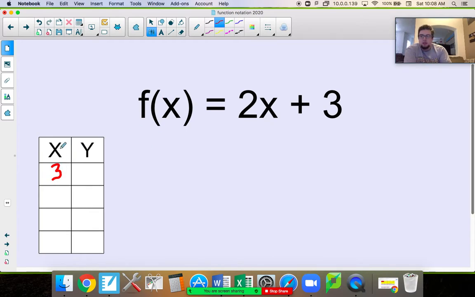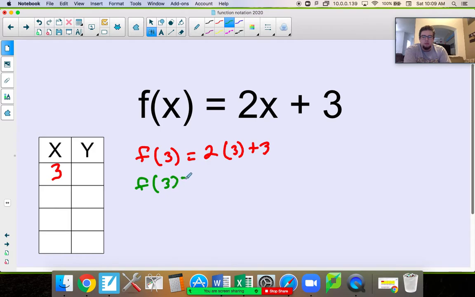I have now plugged in 3 in the x column, so everywhere I see x, I'm going to replace it with that input. Like so. f of 3 equals 6 plus 3. And so in the end, we get a statement that says this.